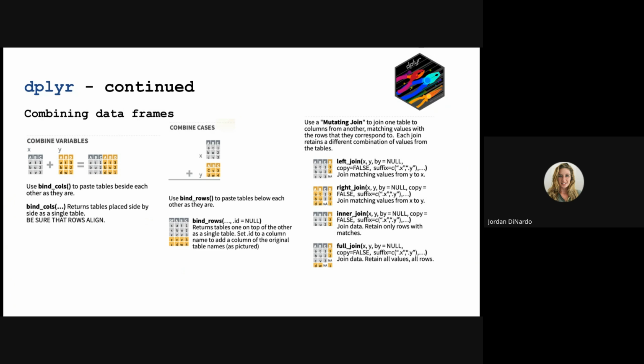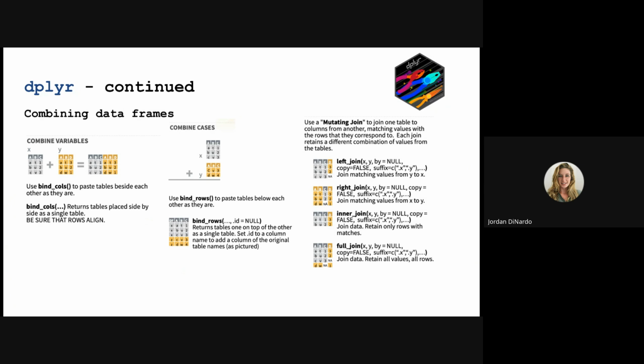Then there's what's called mutate joins. And this is really where you're matching values within the rows of these 2 data frames and ensuring that they correspond to each other. I actually use this a lot more than combining variables or cases. So this is where you have, say, reference variables that you want to match from 2 different data sets, and you want data in data set 2 to come over to data set 1, but it's really case specific.